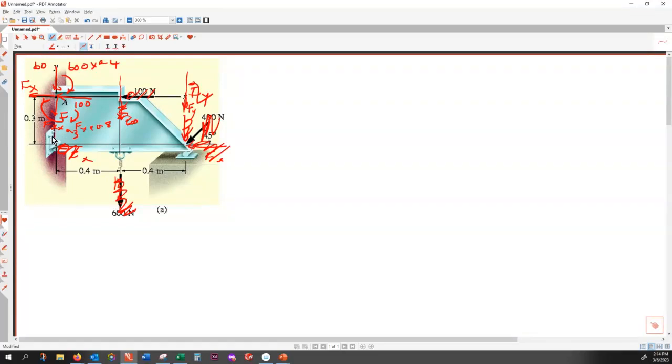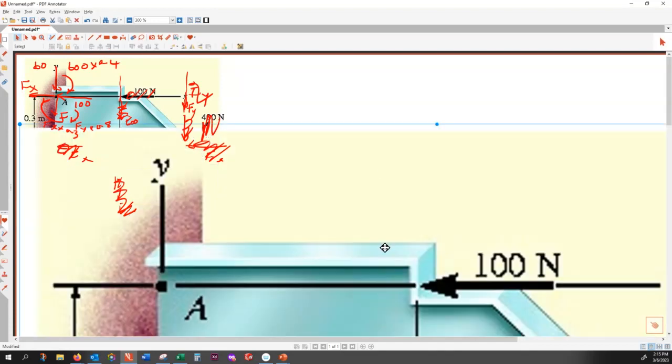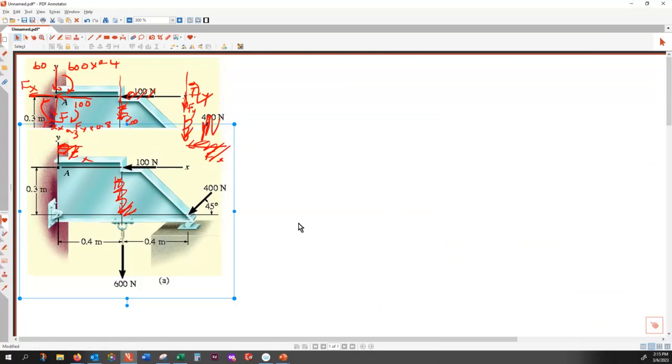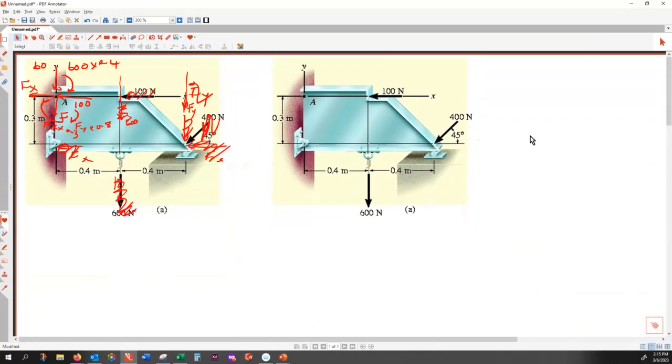All right, so now I have managed, for one rigid object, to shift all the forces into one single point. So this system has been simplified from what it was. I started with this one, and then I ended with this simplified figure.